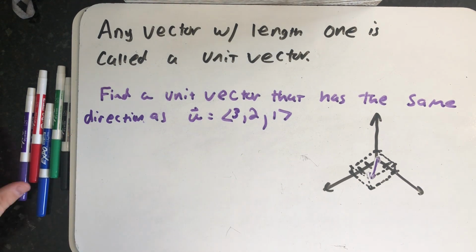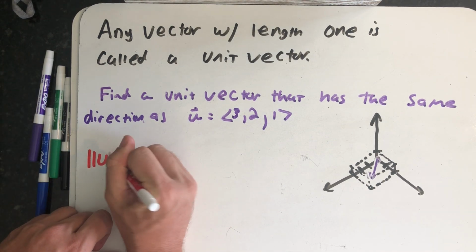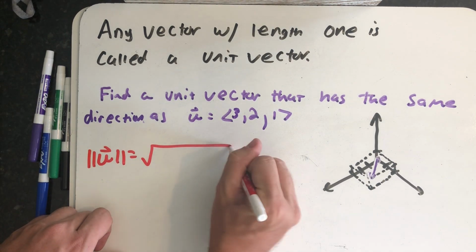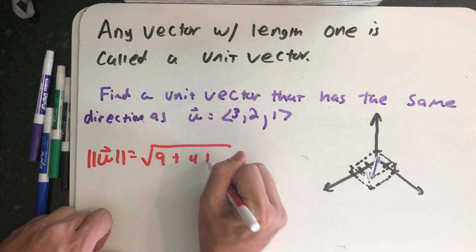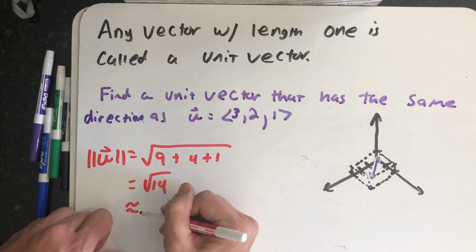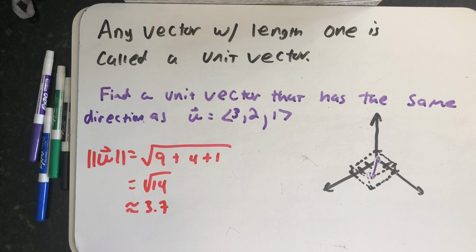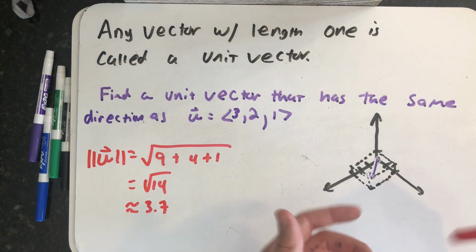So if I think about this, the magnitude of u is the square root of 9 plus 4 plus 1, or the square root of 14, which is just about 3.7. So the vector I have drawn here is about 3.7 units long.